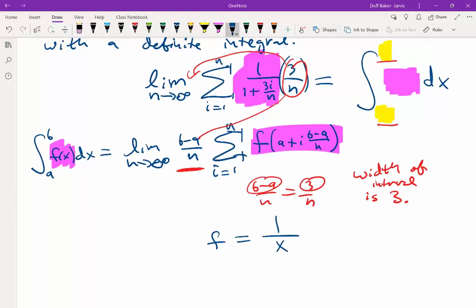Sometimes the one thing you just have to do in math is try something. If it doesn't work, you can see why it doesn't work and then alter your guess to find something that works better and repeat the process to get closer and closer. So maybe we just try 1 over x. So if I had 1 over x, whatever I plug in for x has to end up being 1 plus 3i over n.